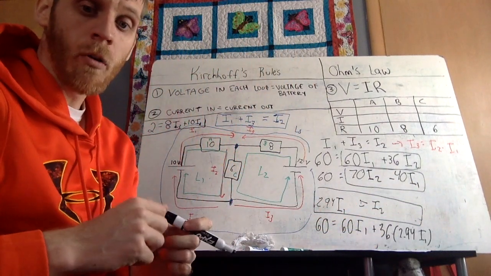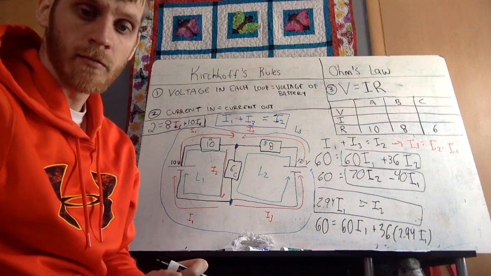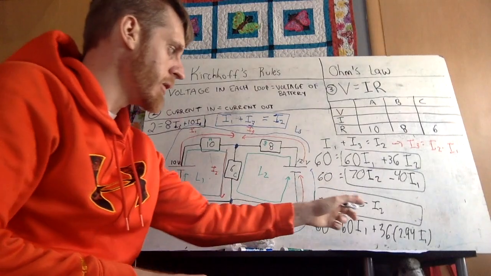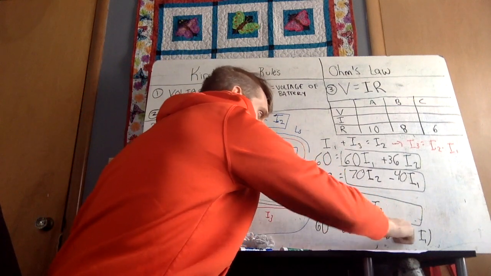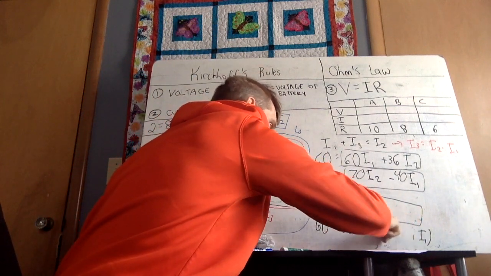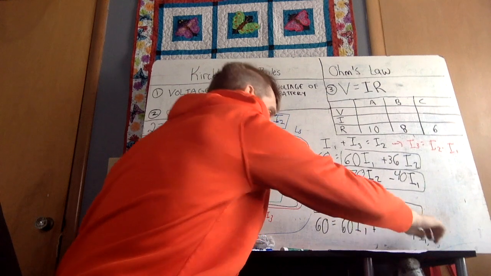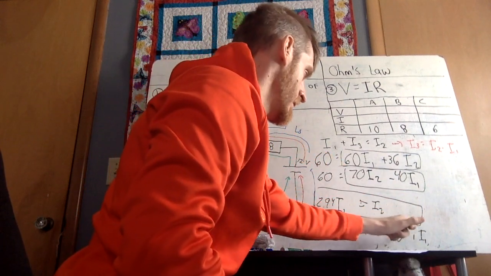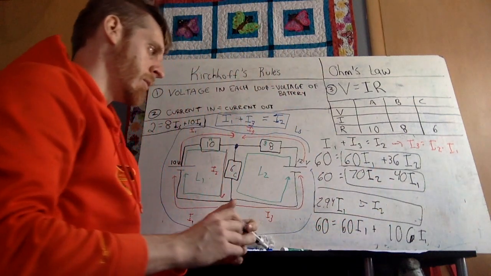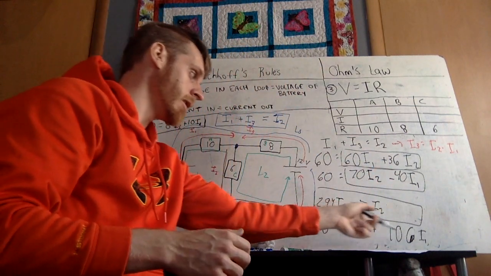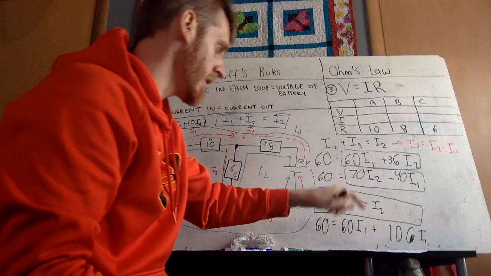And look at that. Now I can multiply 36 in. If I multiply 36 by 2.94, I get 106. Then 106 I1 plus 60 I1 is 166 I1.